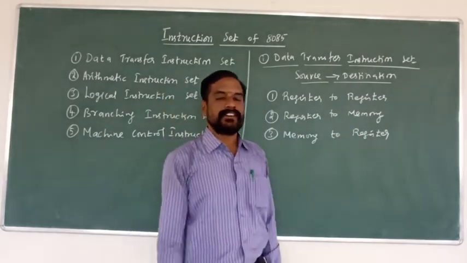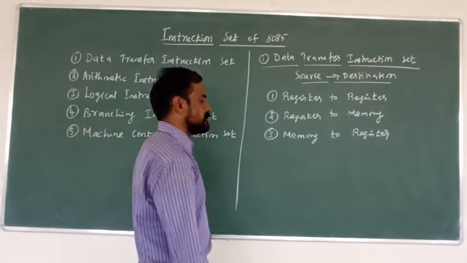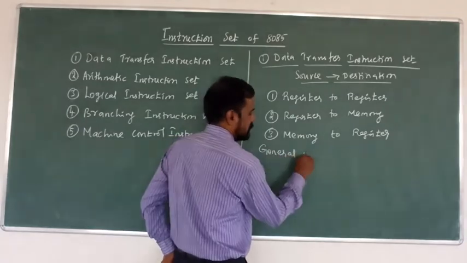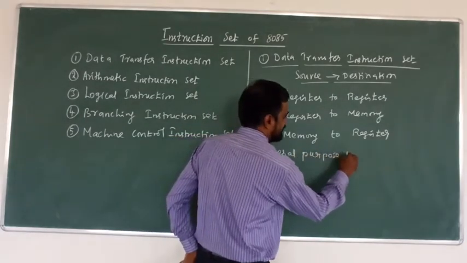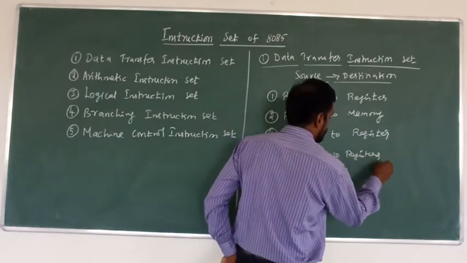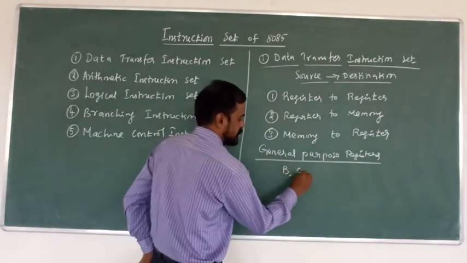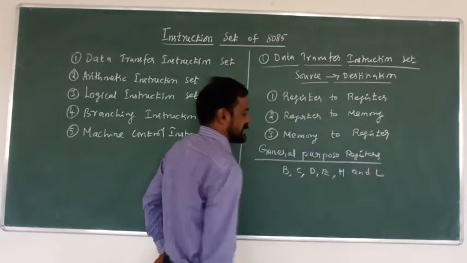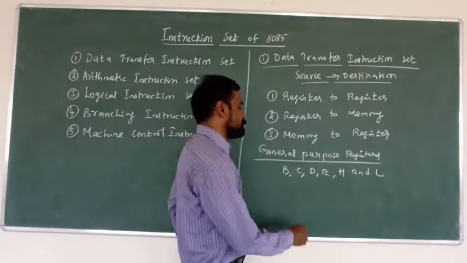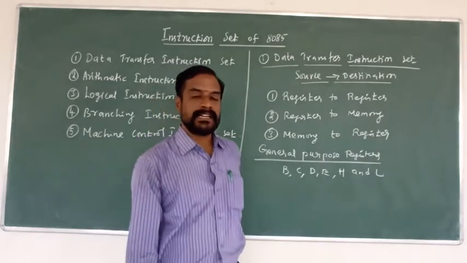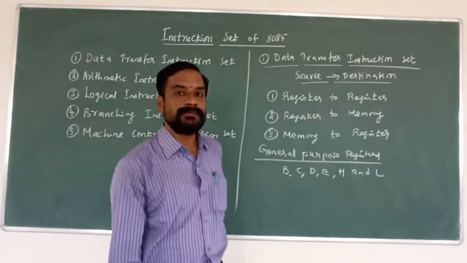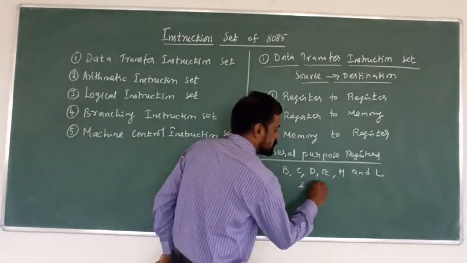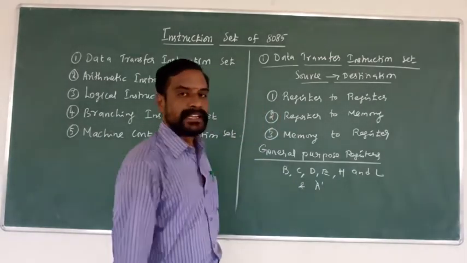What are the registers available in 8085 microprocessor? The general purpose registers B, C, D, E, H and L. There are 6 general purpose registers, each consisting of 8 bits, and 1 special purpose register, that is called accumulator, A register.